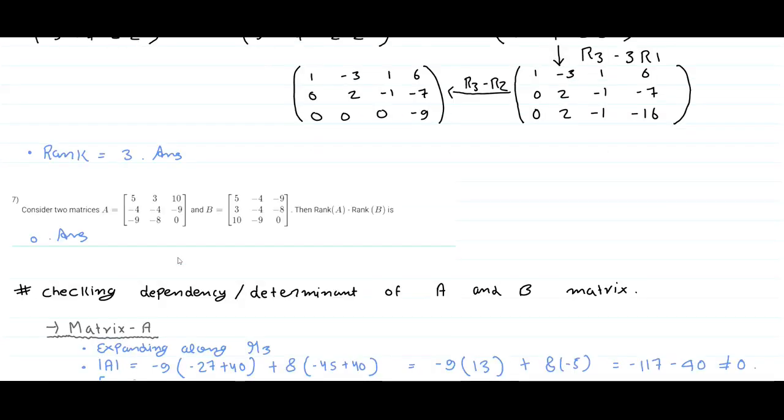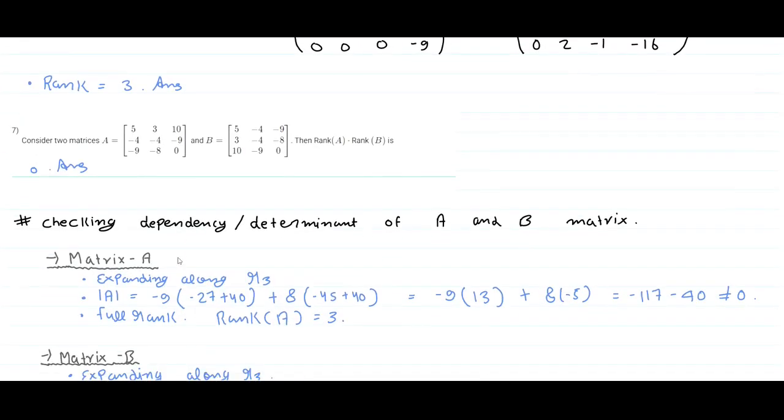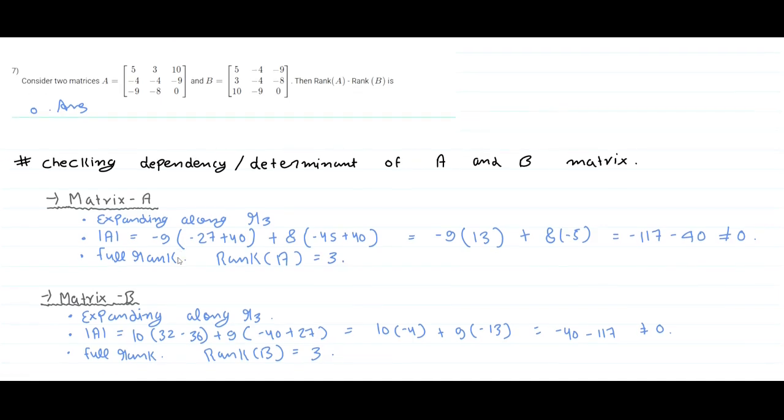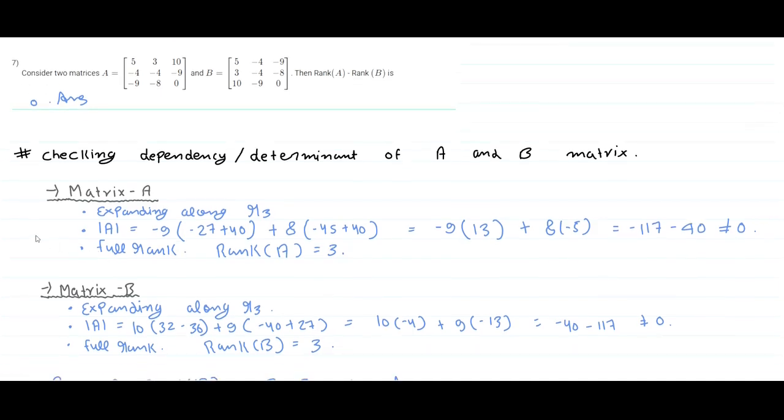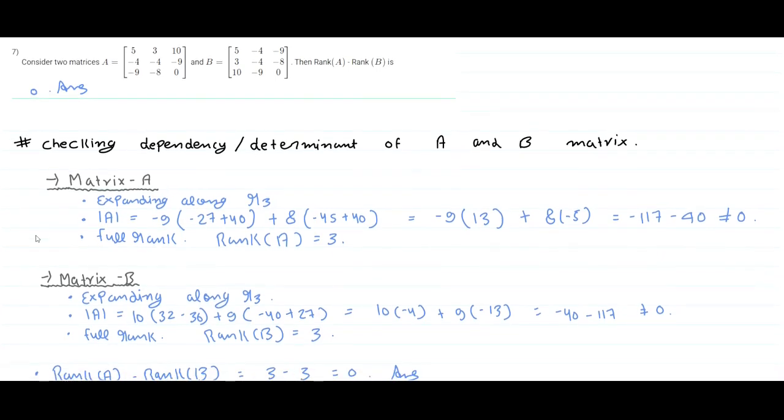Let us see question number 7, which basically says that there are two matrices, A and B. We have to find the value of rank of A minus rank of B. Let us find the rank of both matrices first. Let us first check their dependency by checking their determinants. As we know, if they have a non-zero determinant, then it is full rank.